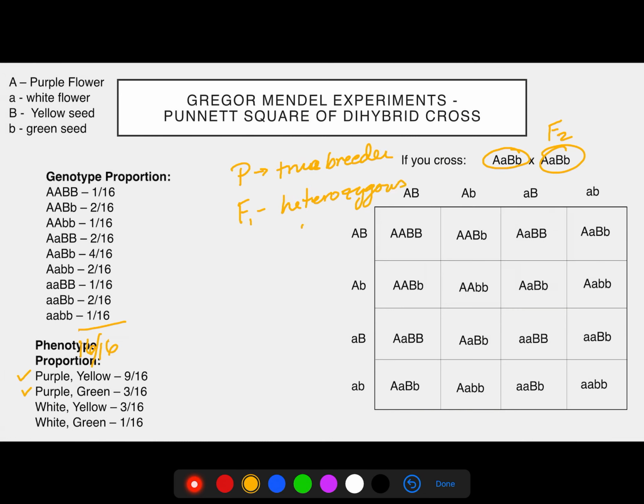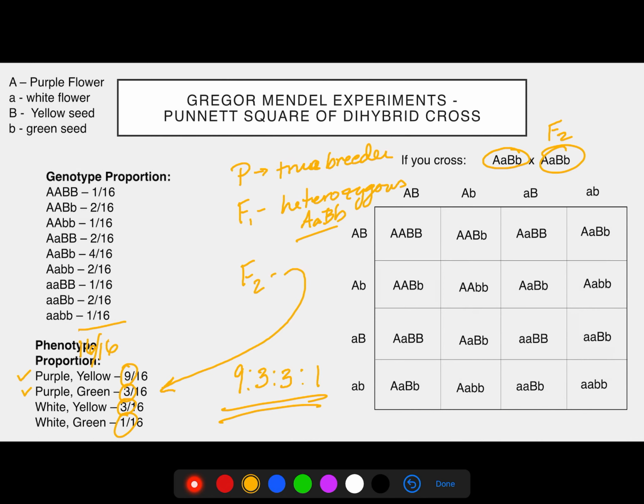So it'll be something like this in their genotype. Then in your F2 generation, you will always get this proportion of what we call 9 to 3 to 3 to 1. That is always the proportions of the phenotypes you will get.